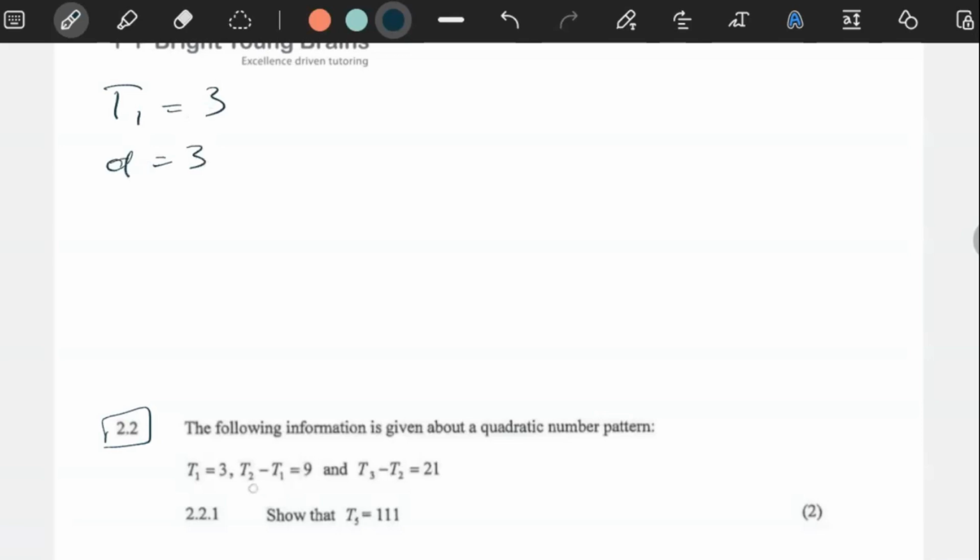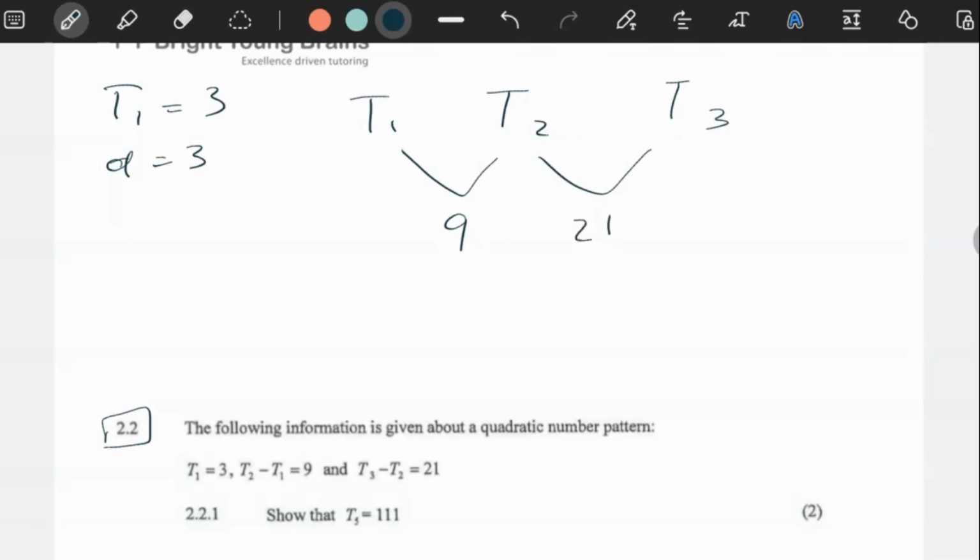And then here they've said that T2 minus T1 is 9. And then T3 minus T2 is 21. So already what I'm thinking is if I write T1 here, T2 here, T3 here, what we already know based on what we're reading is T2 minus T1 is a 9, and then T3 minus T2 is a 21.